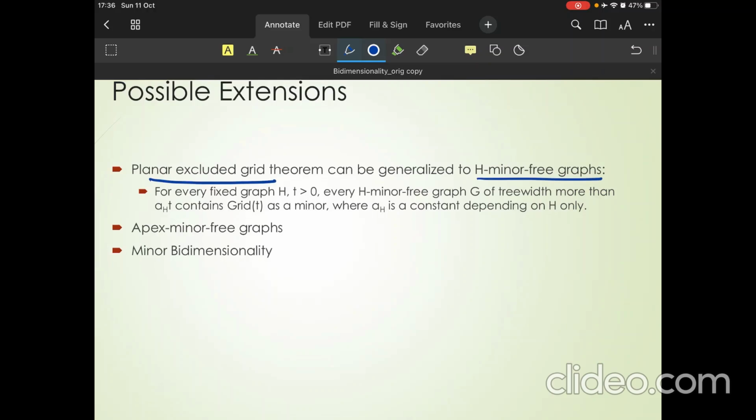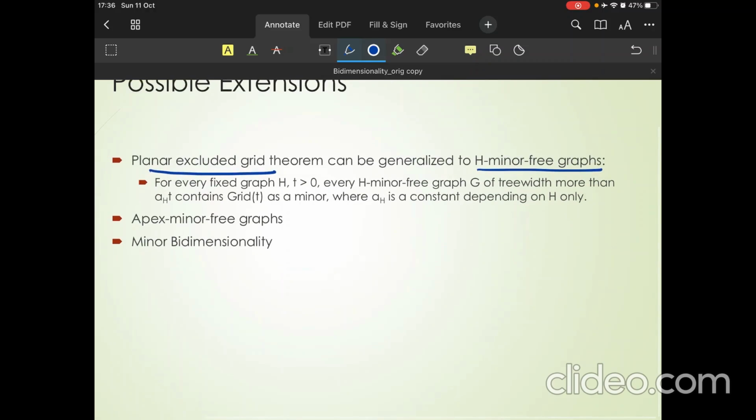The planar excluded grid theorem has been generalized to H-minor-free graphs. What is an H-minor-free graph? The name suggests, for a fixed H, an H-minor-free graph is a class of graphs which do not contain H as a minor.